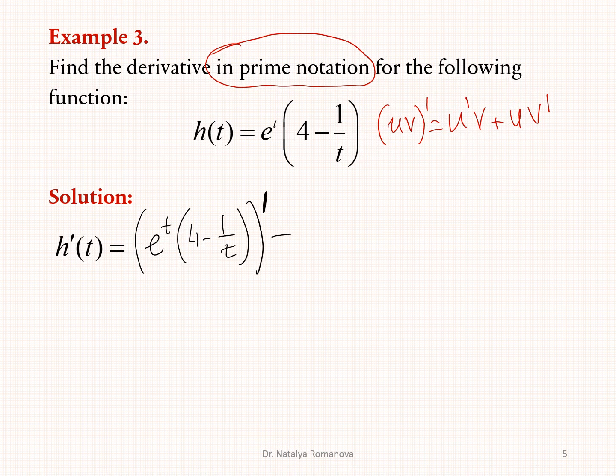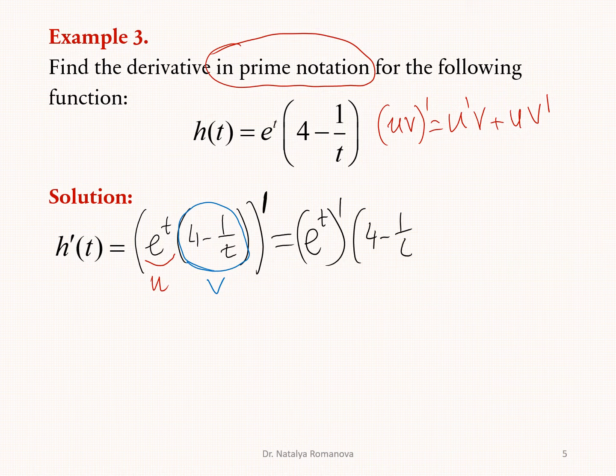The first factor of our function, e to the t, would be u. The second, 4 minus 1 over t, is v. Now, following our formula, we can write (e to the t)' times the second factor plus e to the t times the derivative of the second factor.